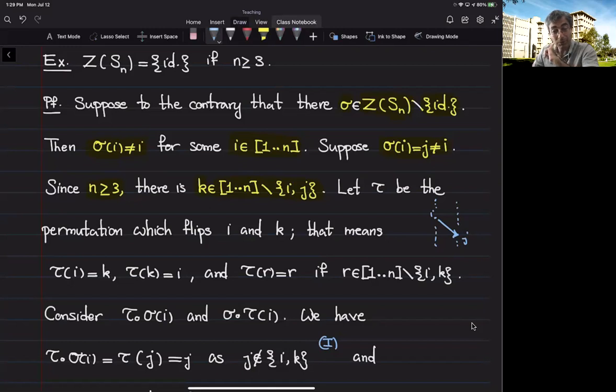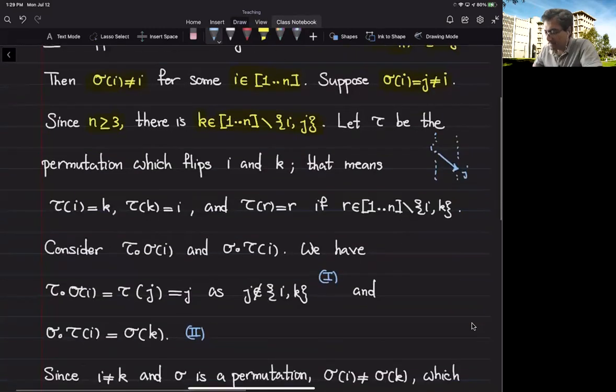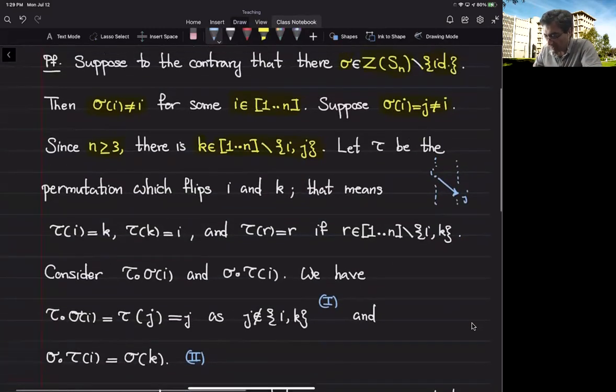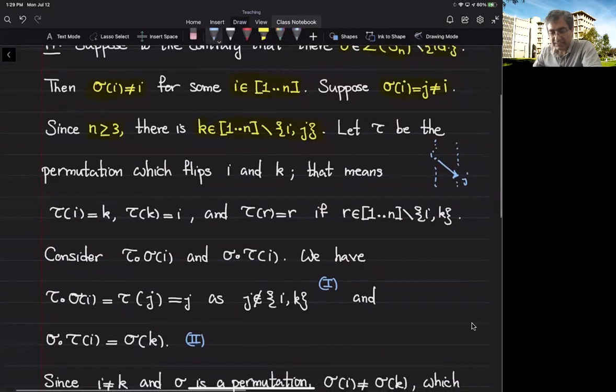So I'm just switching i and k and asking myself, okay, can this commute with sigma? And the answer is no, it cannot. Let's check that. My claim is that, of course, this is a permutation. I'm just switching the order of i and k, so it's a bijective map from 1 to n to itself. And my claim is that sigma and this tau do not commute.